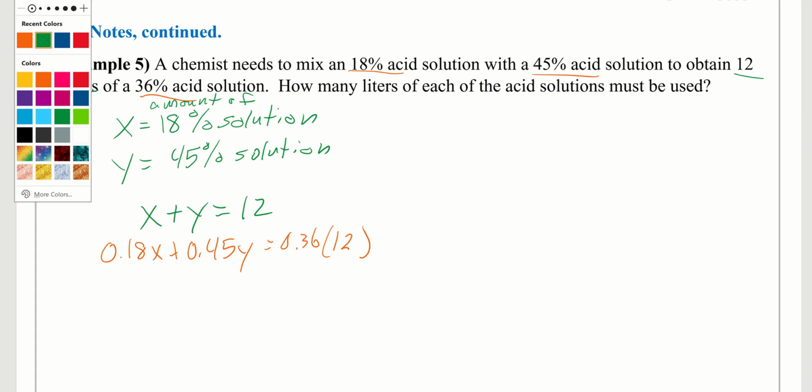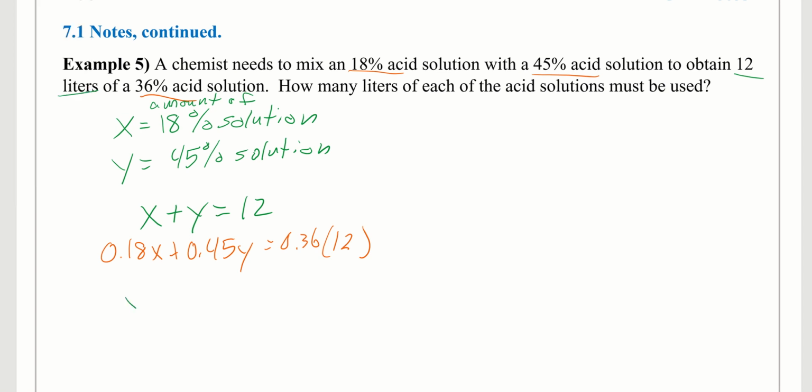You could do substitution, elimination, whichever one. This one looks like elimination, but I don't really want to be multiplying one of them by 0.8 and 1/8 and all that kind of stuff. So what I did is I set y equal to 12 minus x. Okay, and so I'm going to substitute this y in for this y.